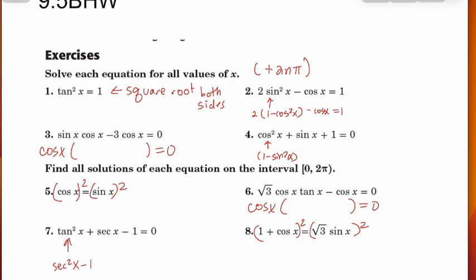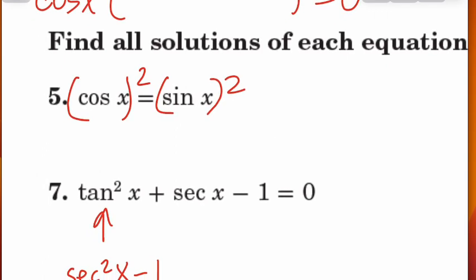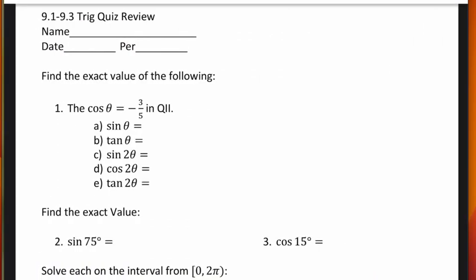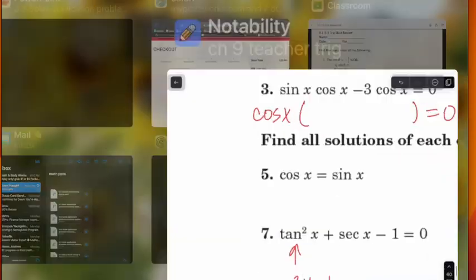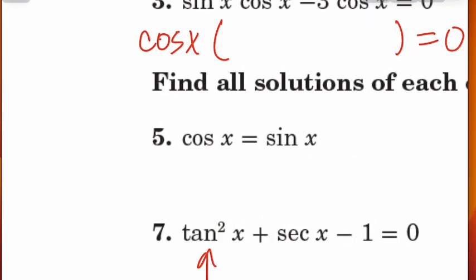Yeah, let's do number 5. Now, number 5, it was one of the ones in the review. If you don't square both sides, sorry about that. If you don't square both sides, you can just think on the unit circle, where do the cosine and the sine match at the 45s?